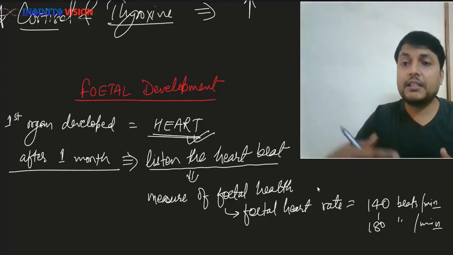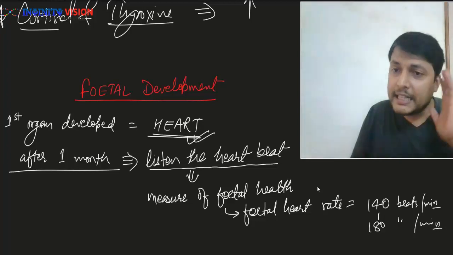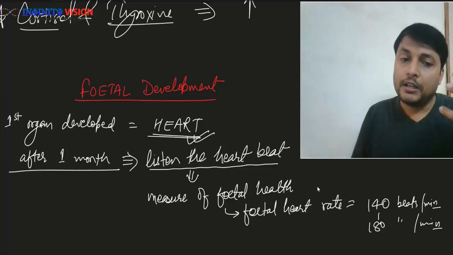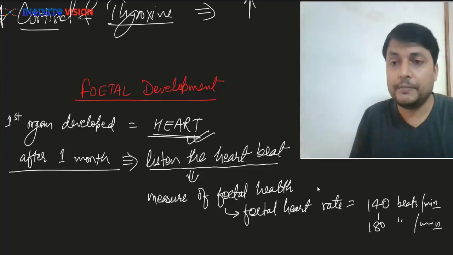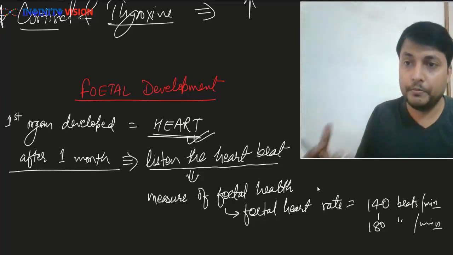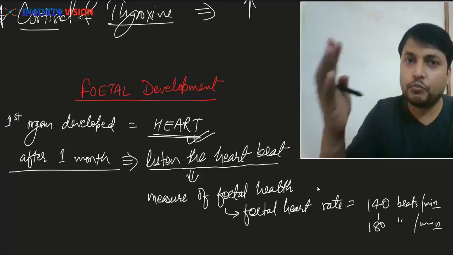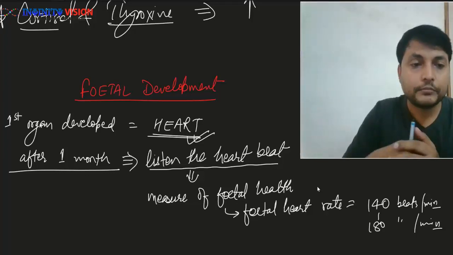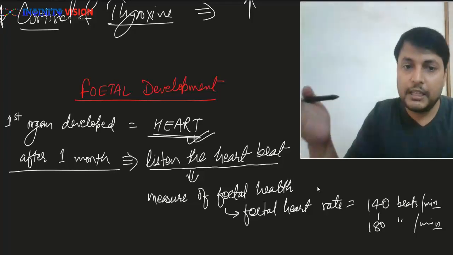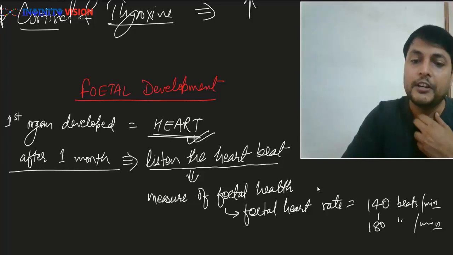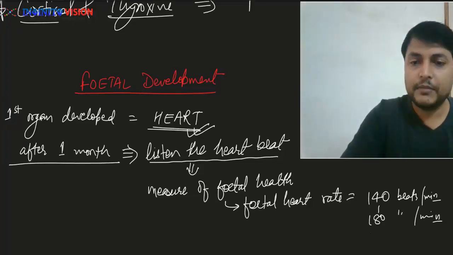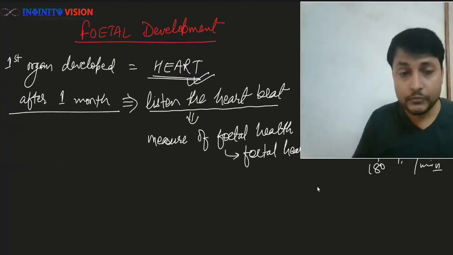By counting this heart rate, by listening to the sound of the heartbeat, the doctor can judge the health of the growing fetus in the womb. The uterus of a pregnant woman is called the womb, WOMB. So the fetal health is mainly judged on the basis of fetal heart rate and the sound for about 1 to 3 months of the pregnancy, even after that.